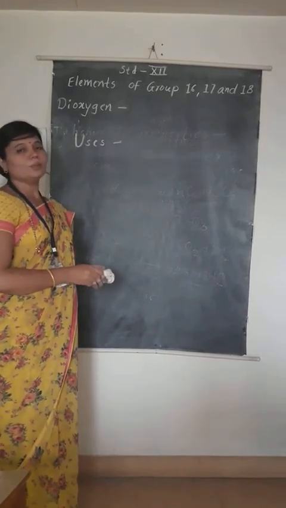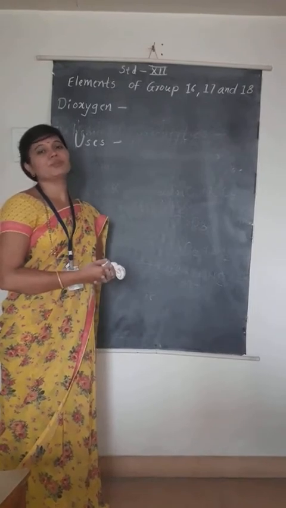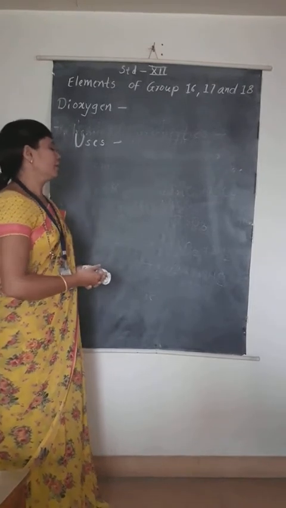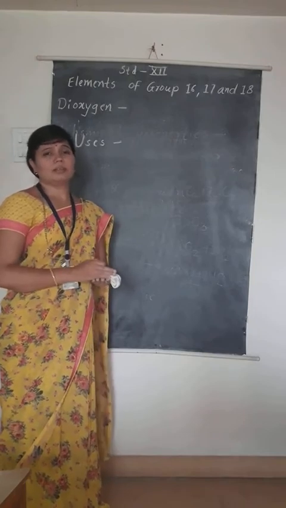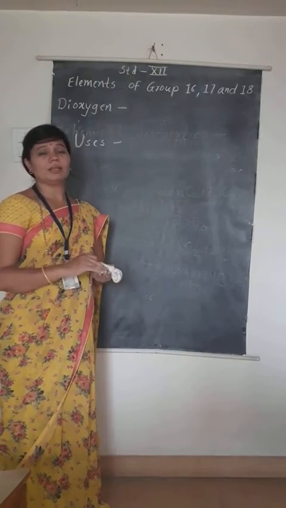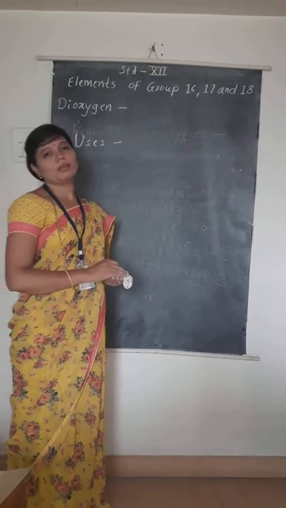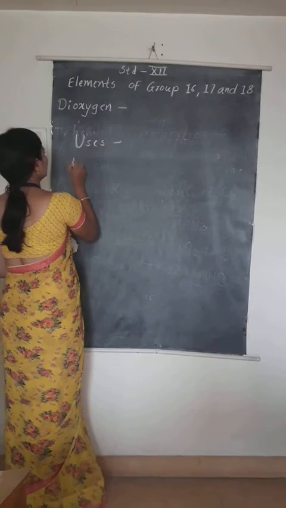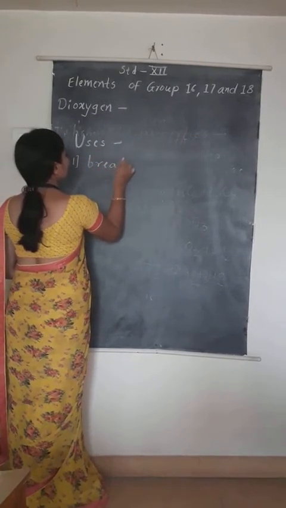The first and the most important use of dioxygen is it is used for breathing. All of us or all other animals, aquatic animals, all they require dioxygen for breathing. So this is the most important use of oxygen, that is it is used for breathing.